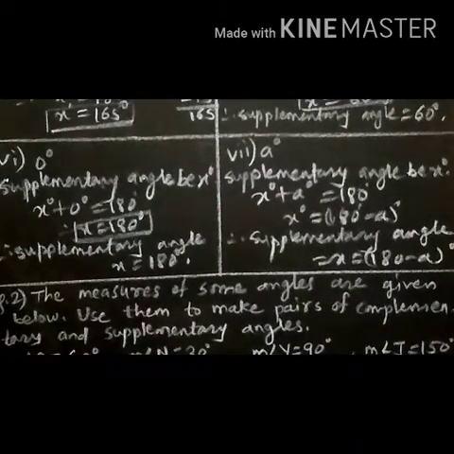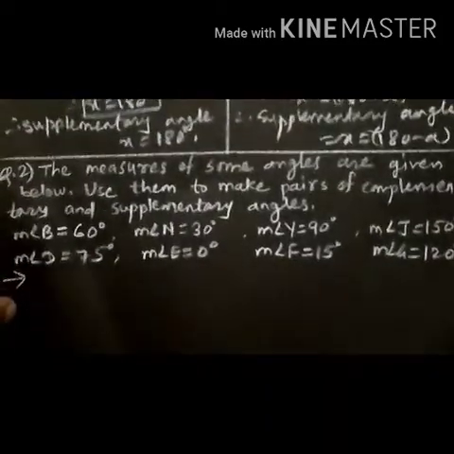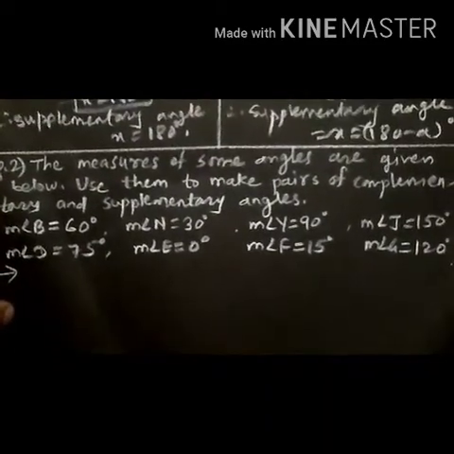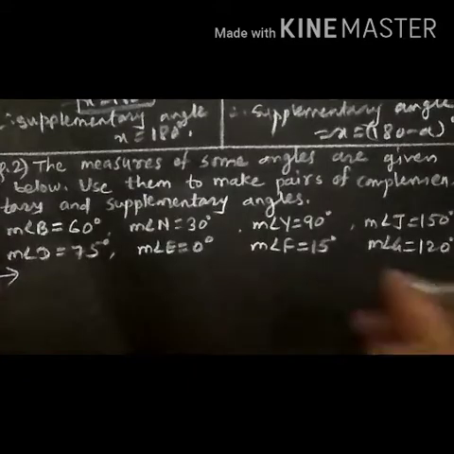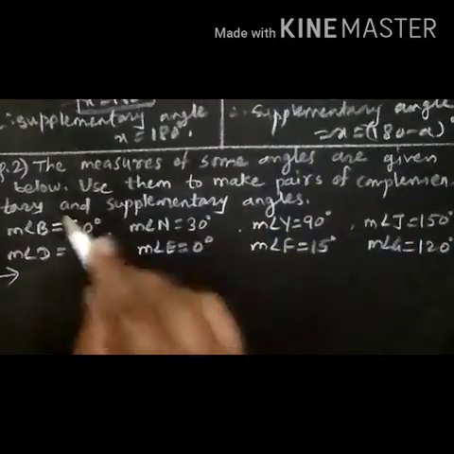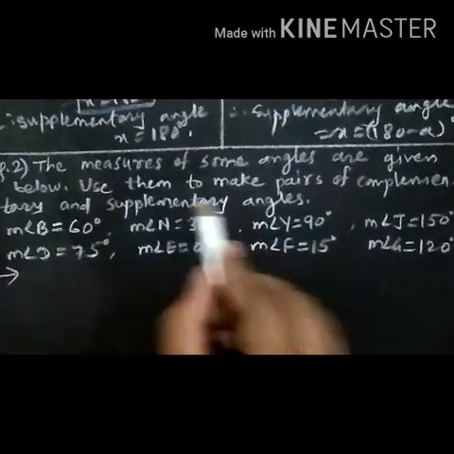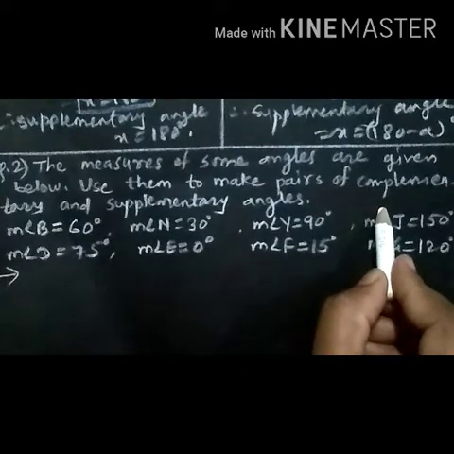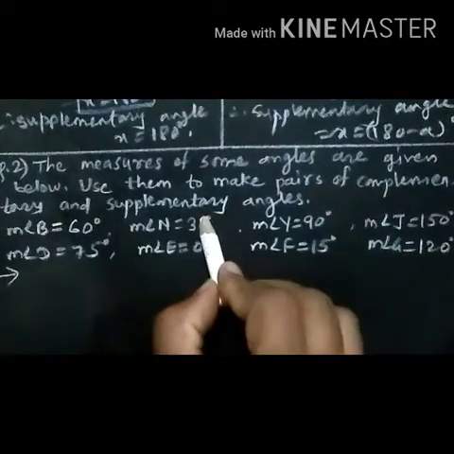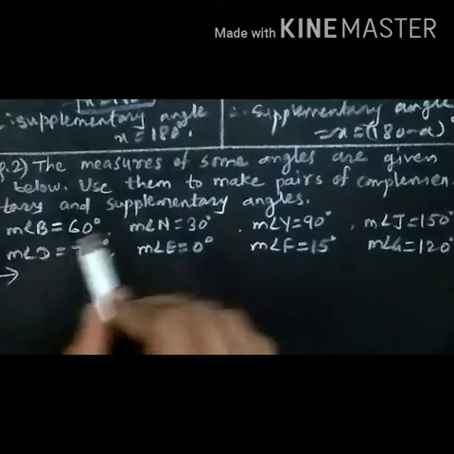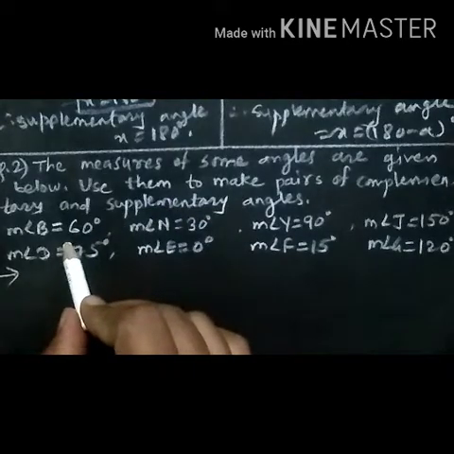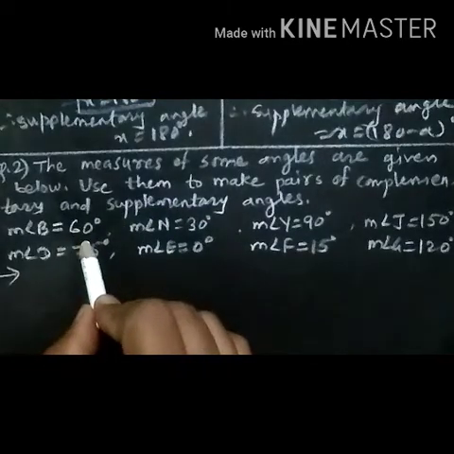Now let us see question number 2. The measures of some angles are given below. Use them to make pairs of complementary and supplementary angles. So here 8 angles are given. Measure of angle B is equal to 60 degree.